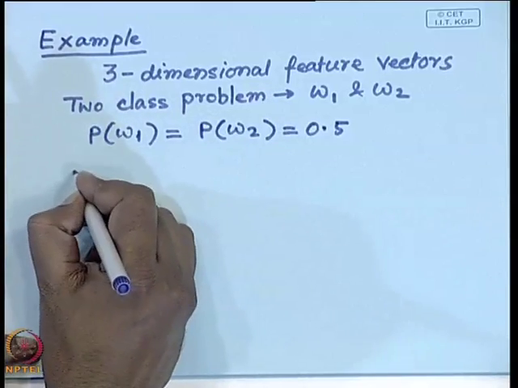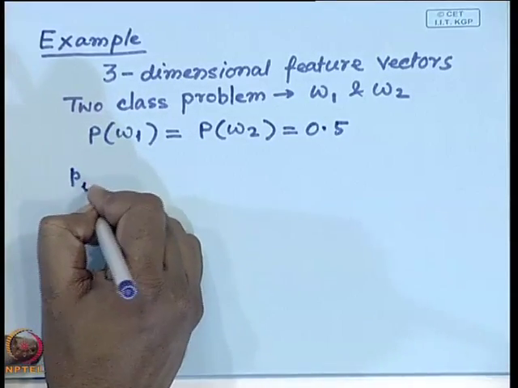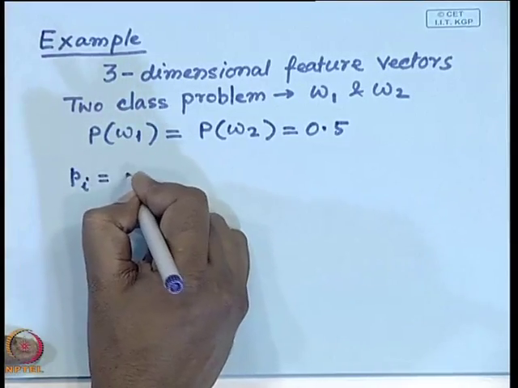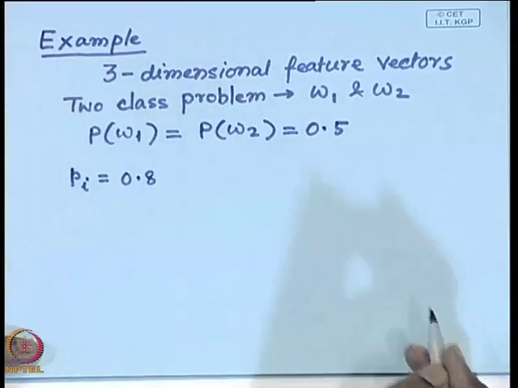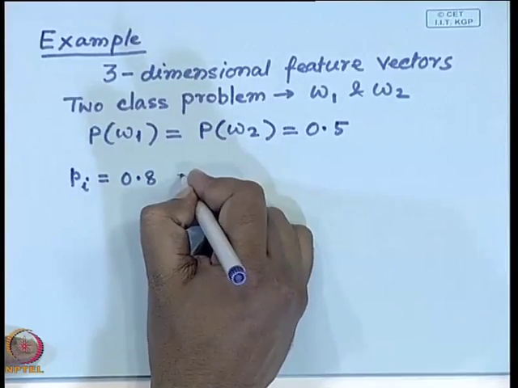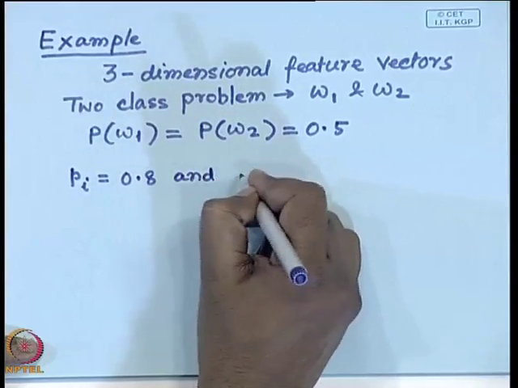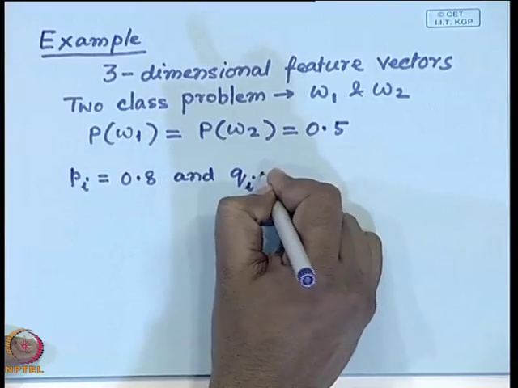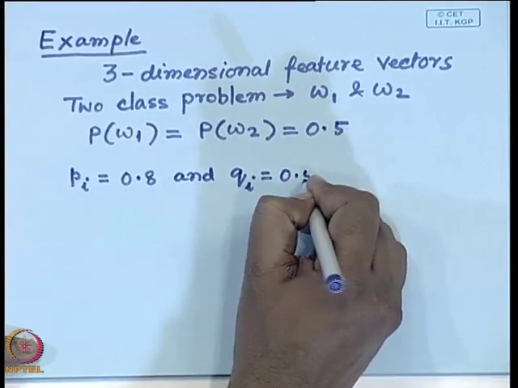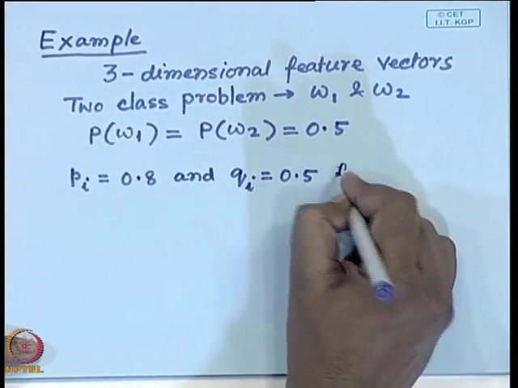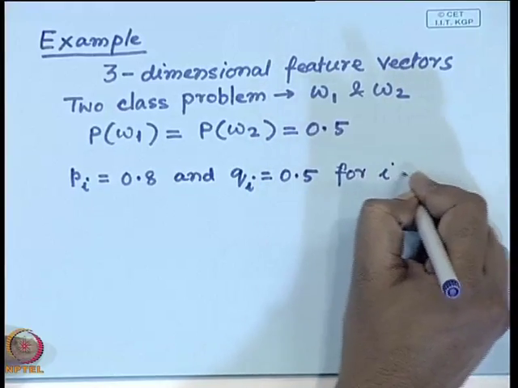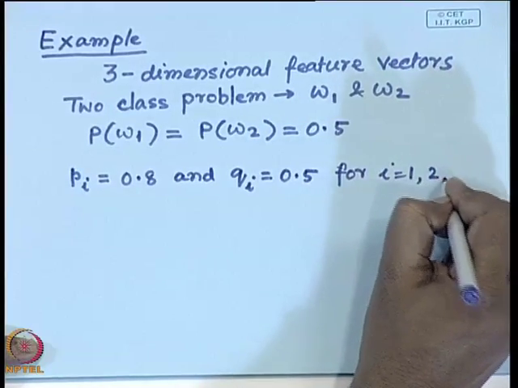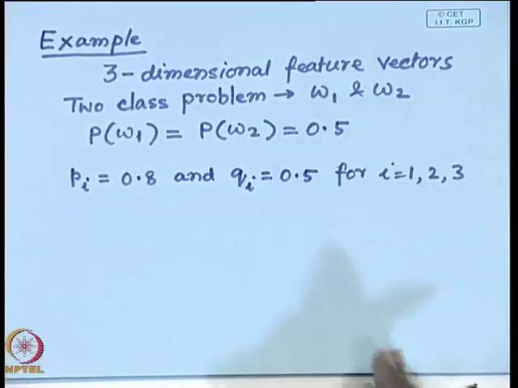And let us assume that value of p I is equal to 0.8 and q I is equal to say 0.5 for all values of I, that is for I varying from 1, 2 and 3.